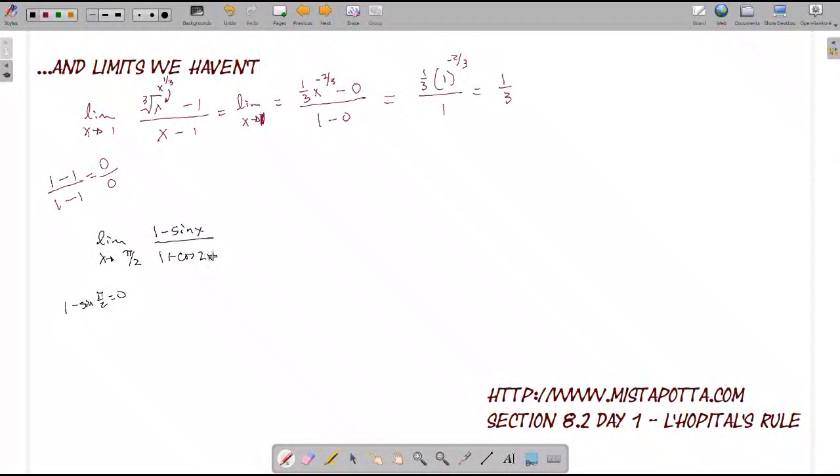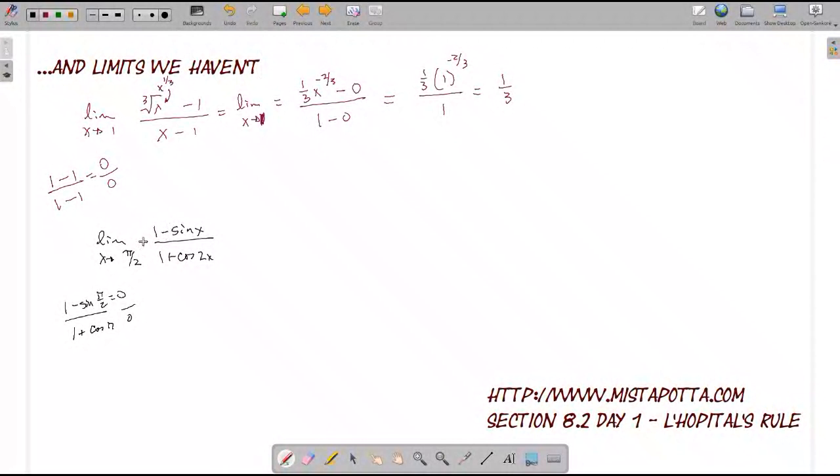And in the denominator, cosine of pi is negative 1, so this becomes 1 plus negative 1, which is 0. So I end up with this indeterminate form again. And if I take the derivative, I'm actually going to end up with a simpler function as well.